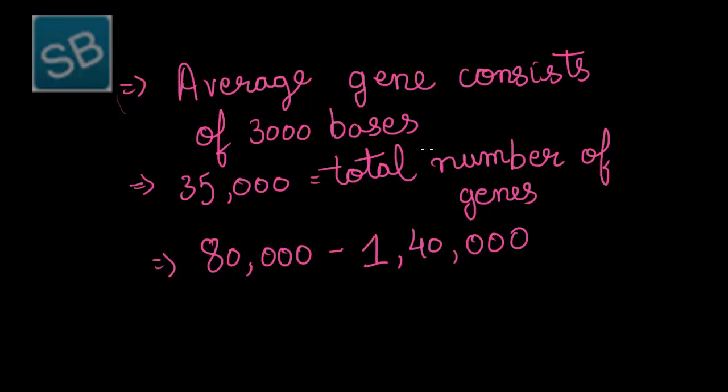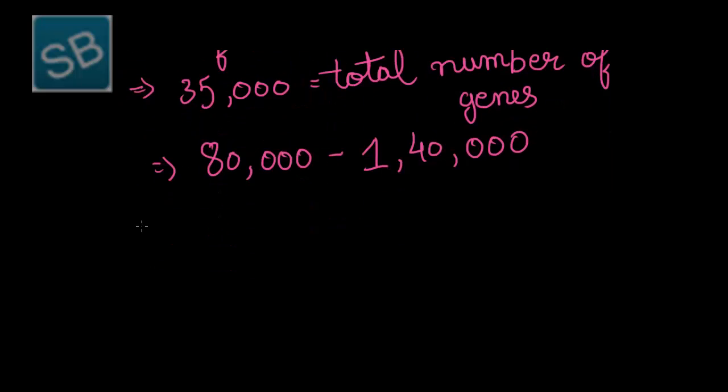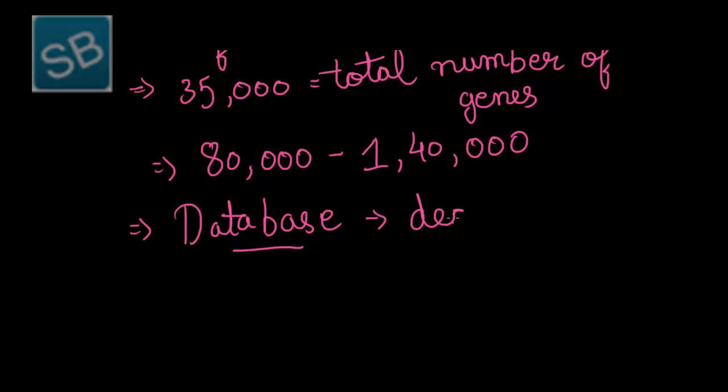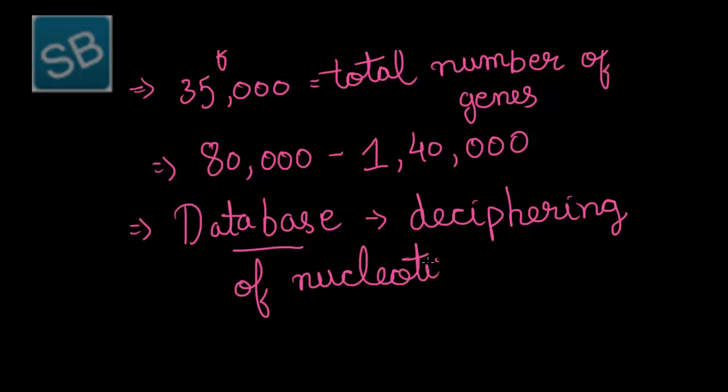This deciphering of nucleotide sequence and its storage is referred to as database. As said earlier, this database information is necessary to store, which occurs in the form of deciphering nucleotide sequence, and therefore it is this database which is necessary to store in order to understand the human genome.